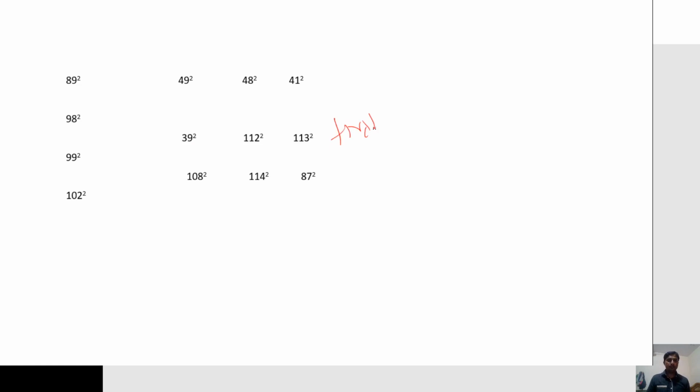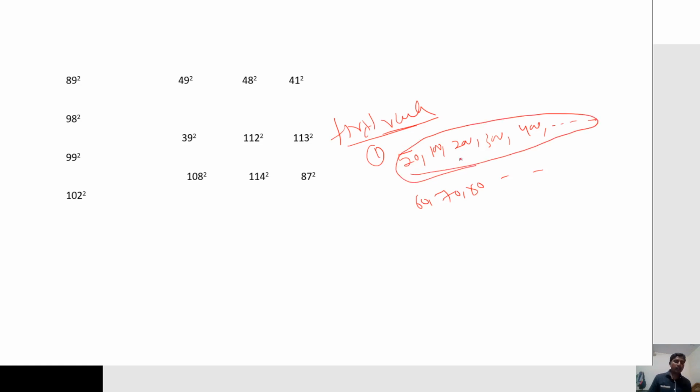We always take a base of 50, 100, 200, 300, 400. We never take a base of 60, 70, 80 and so on. Always we take base 50, 100, 200, 300 and 400.